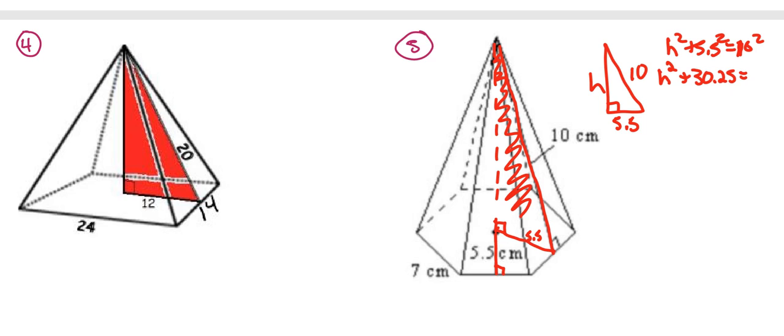That's a 10, that's 100. So we subtract the 30.25. We get h squared equals 69.75. Square root of that, I get 8.4.